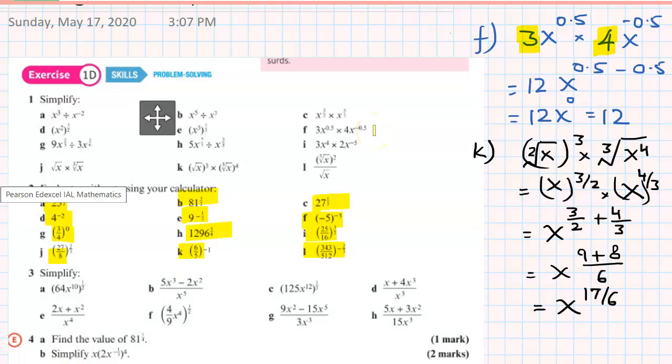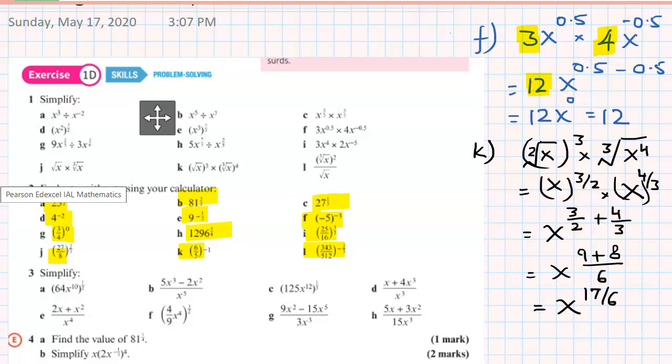When I was doing this question F and K, the electricity was there, but my recorder was not on. So instead of doing it again, I'm just explaining it here. We have question F, 3x to the power 0.5 multiply 4x to the power minus 0.5. First we are going to multiply the numbers, 3 and 4. This is 12.